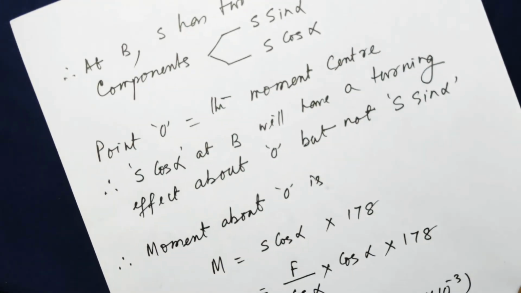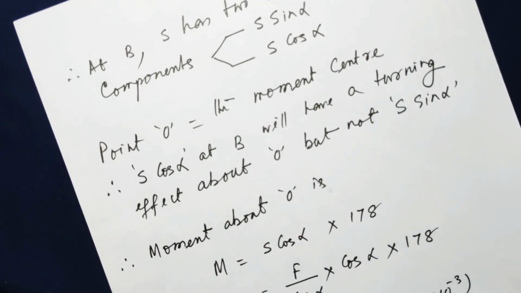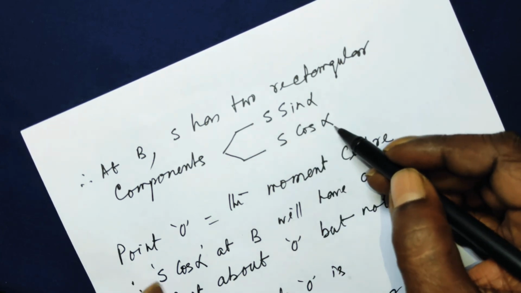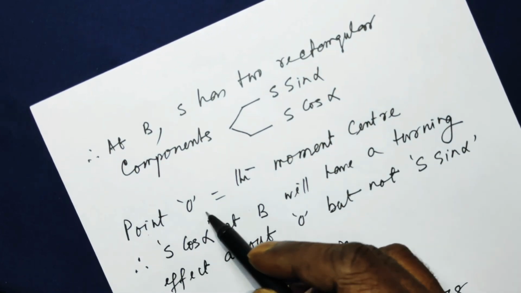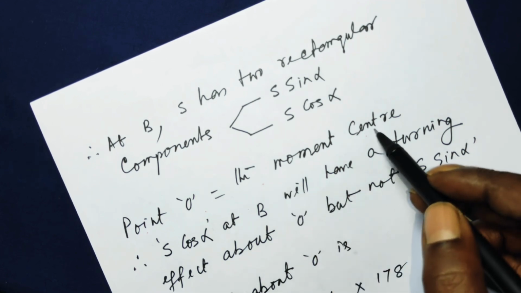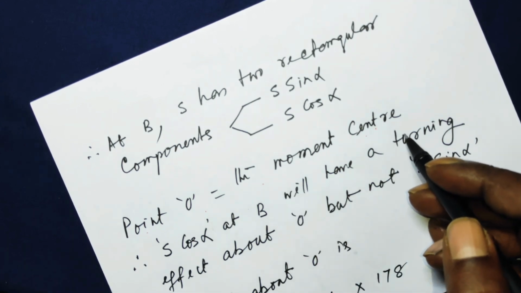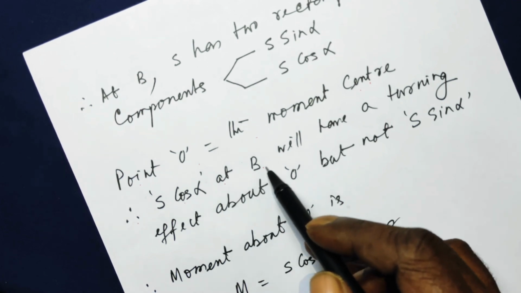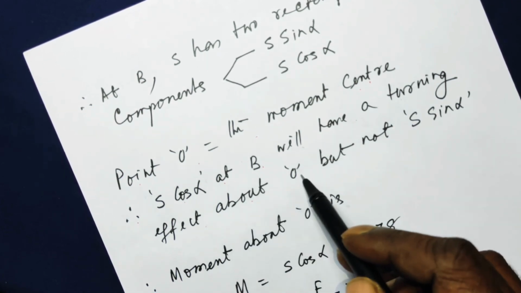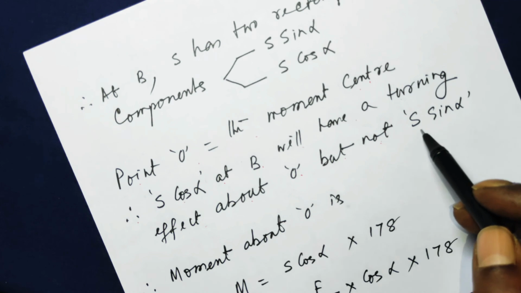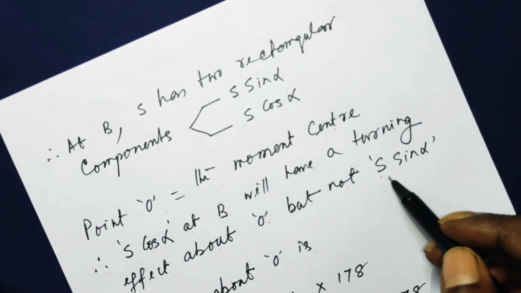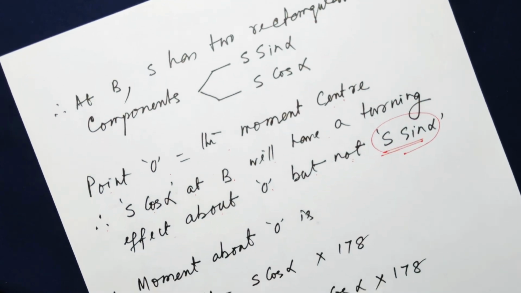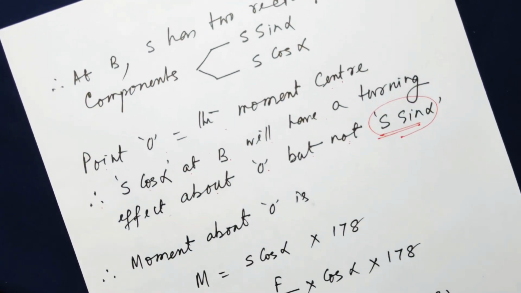So at B, S has two rectangular components, S sin alpha and S cos alpha. O is called the moment center, about which the crankshaft is rotating. Therefore, S cos alpha at point B will have a turning effect about O, but not S sin alpha, as I just explained, because the line of action of S sin alpha passes through the moment center.